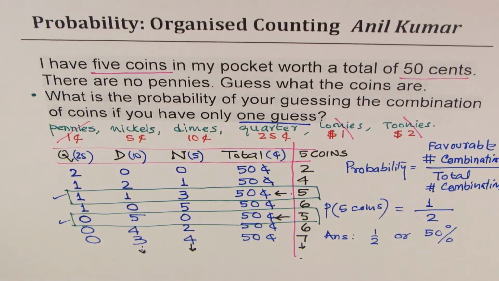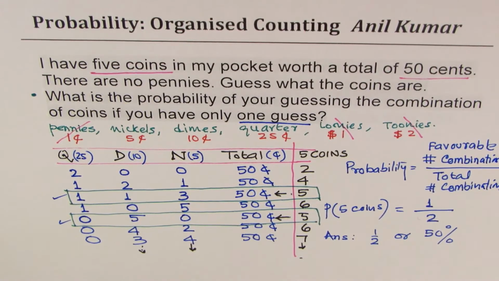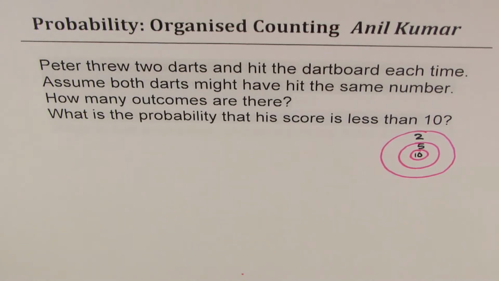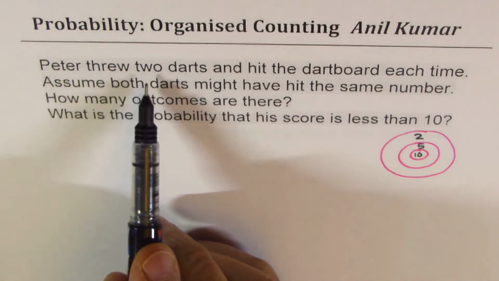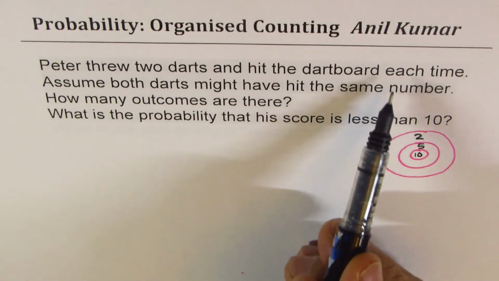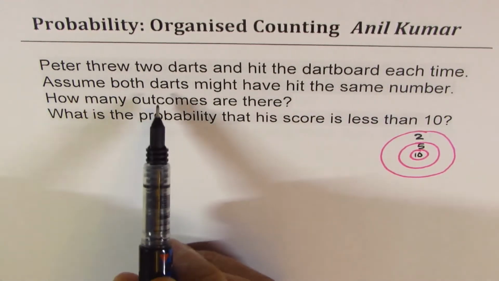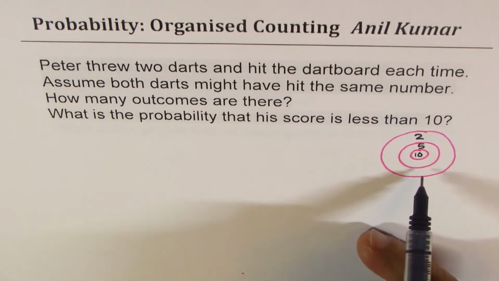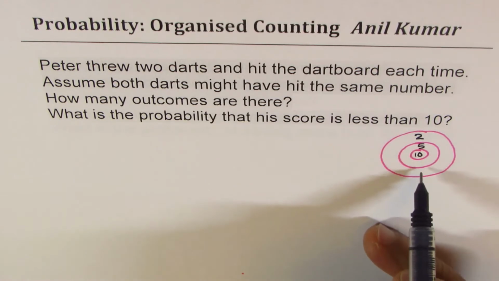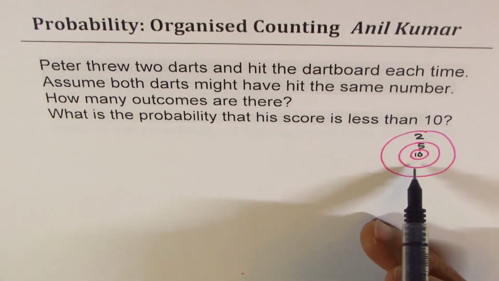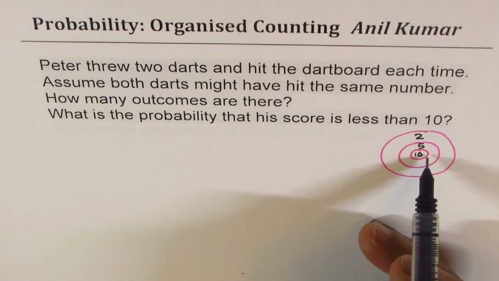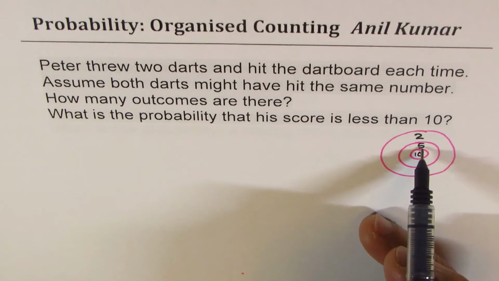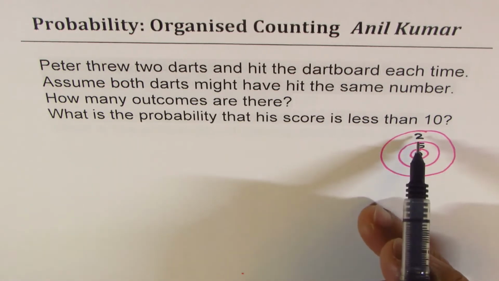So based on this concept, I have two more questions for you, right? So let me share the questions for you. Now here is the next question. It says, Peter threw 2 darts and hit the dartboard each time. Assume both darts might have hit the same number. If it is hitting in the center, the inner circle, you get 10 points. Middle circle, you get 5 points. And in the outer circle, you get 2 points.